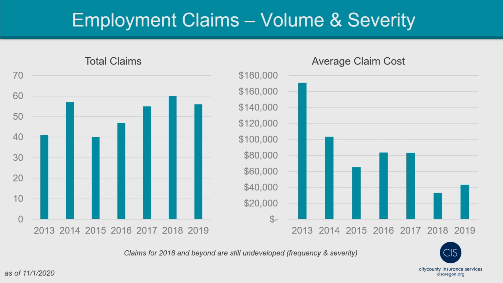Cities have done a great job working with our pre-loss team and our H2R team, which provide both legal and HR advice to help you institute best practices and avoid employment claims. So we want to really encourage you to keep that up. That downward trend is great, and it helps us keep rates flat. So fewer increases or no increases by keeping these numbers down. And that's good for you. It gives you more money to spend on the things that you want to spend money on instead of insurance.